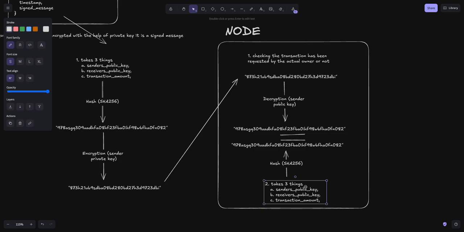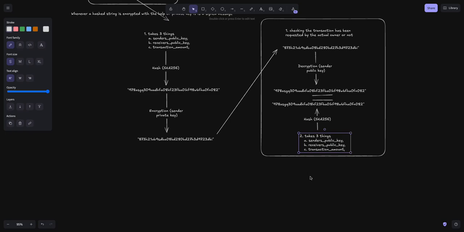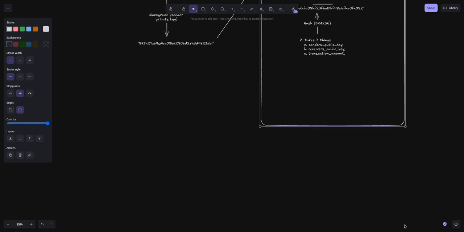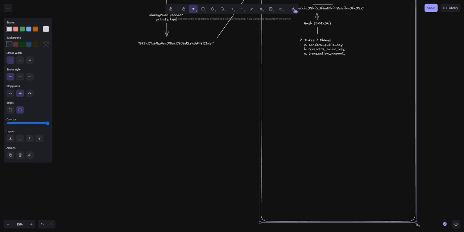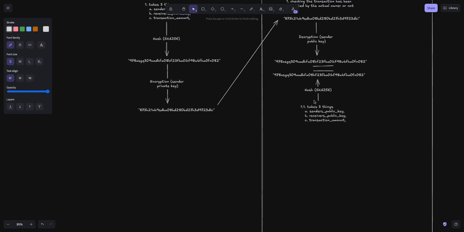That means it is valid. That means the owner is right. The correct owner has requested the transfer. Now this is just the first step, step 1.1. These two are checked.